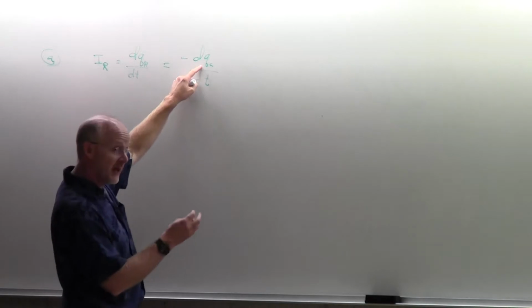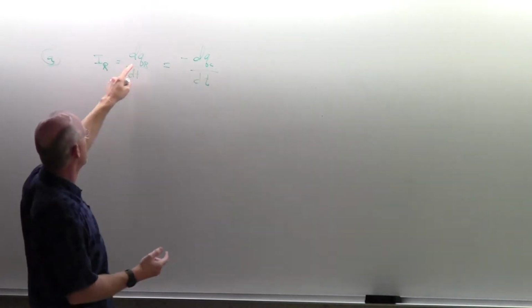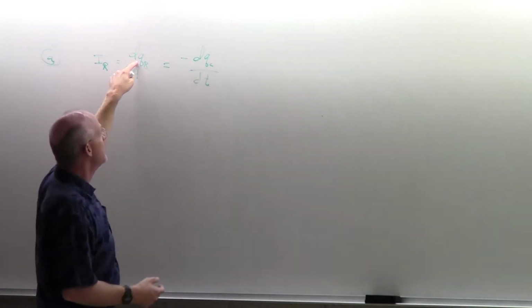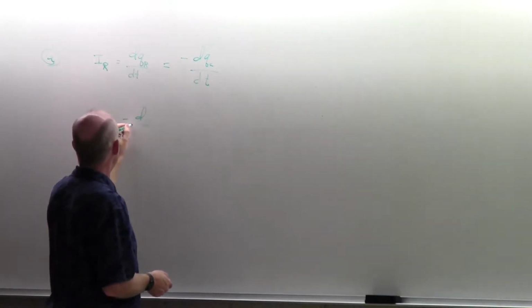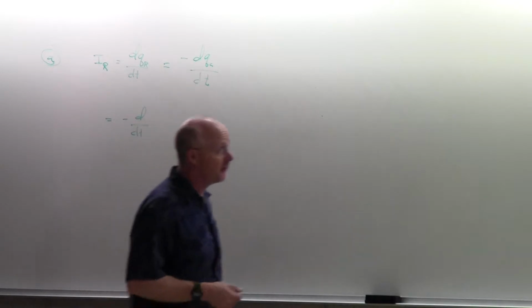That's where we got the whole idea of the current in the first place, that the stuff that came off of the capacitor went into the resistor. All right? So let me take the derivative of the charge on the capacitor. The charge on the capacitor is what we worked out here.